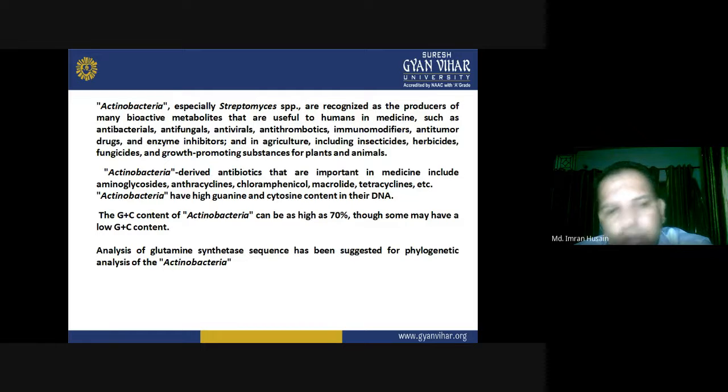The GC content can be as high as 70%, though some may have a low GC content. Analysis of glutamine synthetase sequence has been suggested for phylogenetic analysis of actinobacteria. What scientists are doing nowadays is studying the genome and GC content of actinobacteria: which genes are beneficial, or which genes are producing these secondary metabolites that are extremely important to humans.